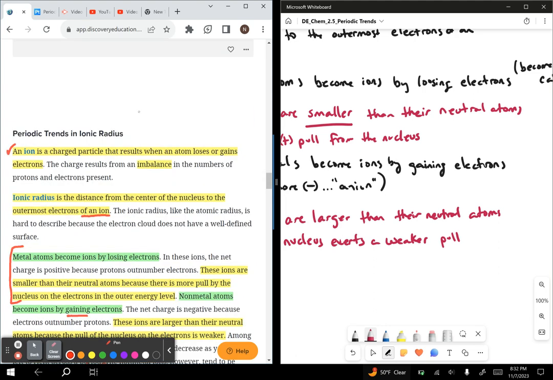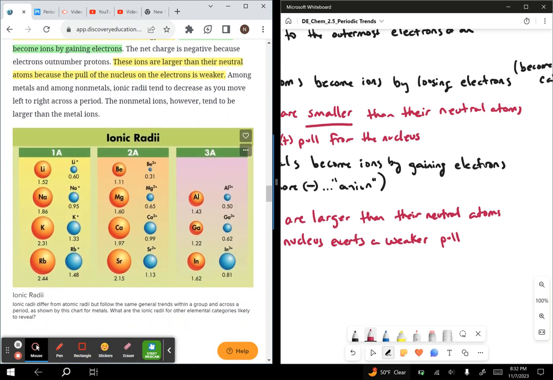Again, you have your neutral versus your ions. Ionic radii differ from atomic radii, but follow the same general trends within a group and across a period, as shown by the chart for metals.